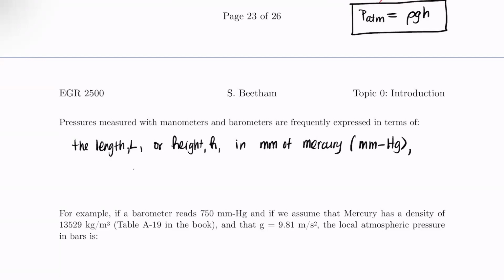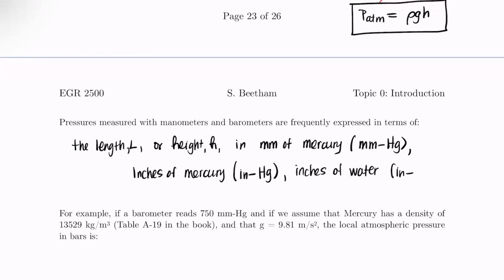Or sometimes it's inches of mercury, or inches of water, which is in-H2O, etc. So we're going to need to be careful if we're given pressure in terms of length like this to convert it into something like bars or psi or kPa, for example.